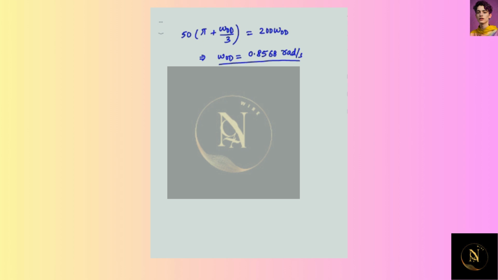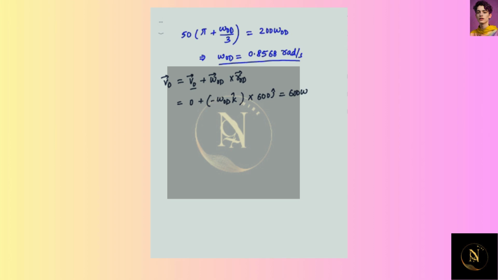Now we can determine the velocity vector at point D. So the V_D vector equals V_O vector plus omega OD vector cross R_OD vector. Substituting the values, V_O vector is 0 plus minus omega OD k cap cross R_OD, which is 600 j cap.